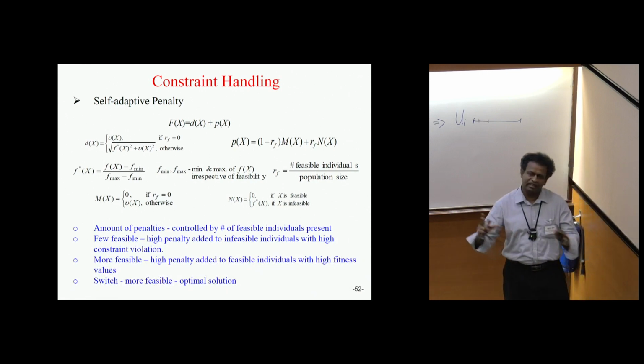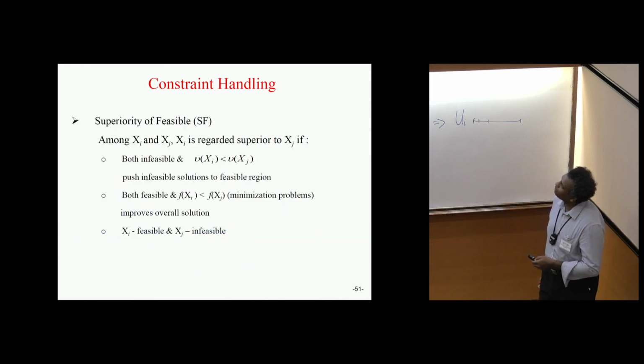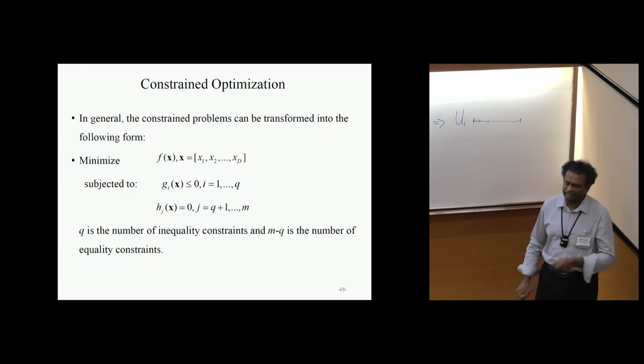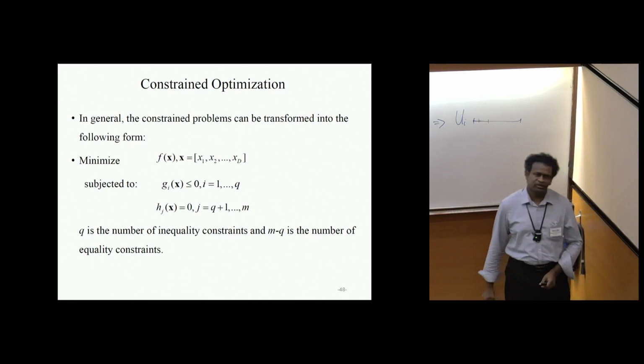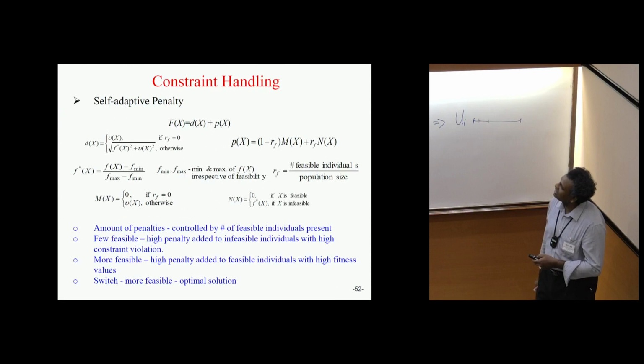If I put the self-adaptive penalty in here, when you search for a solution, first the self-adaptive penalty will try to satisfy these conditions. Find some solution that can satisfy these conditions. Once you have some solution satisfying the constraints, then go and reduce the objective value. So the objective value comes later, first a feasible solution. So that is the self-adaptive penalty method.